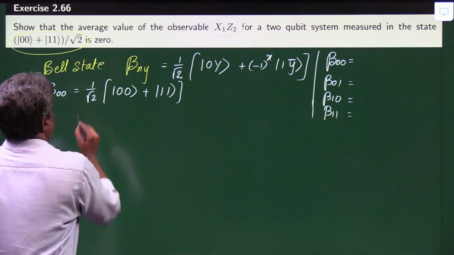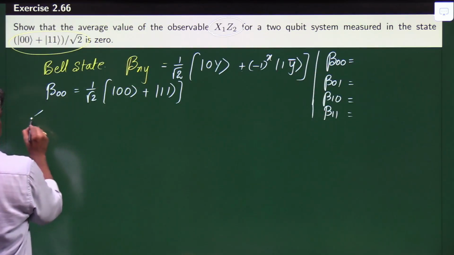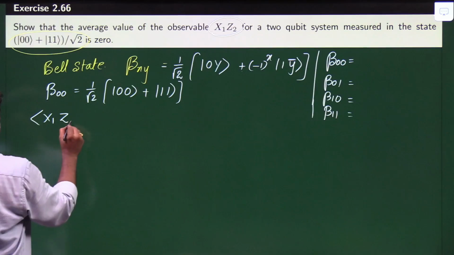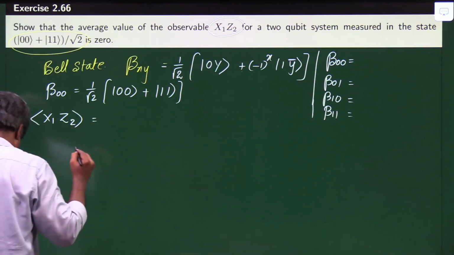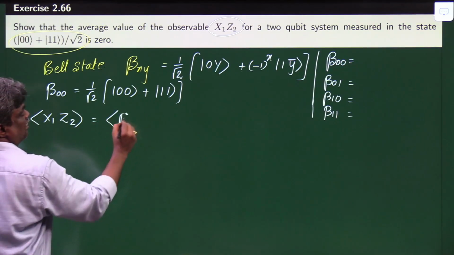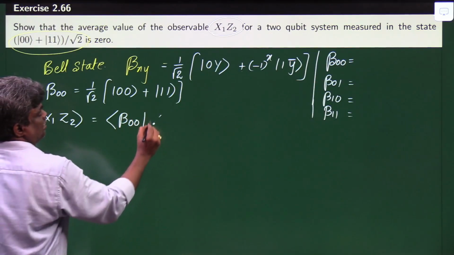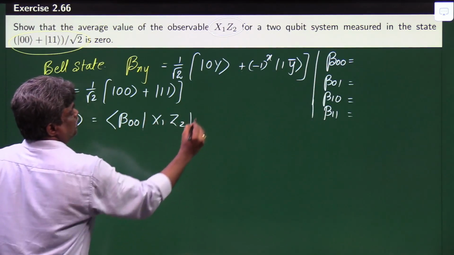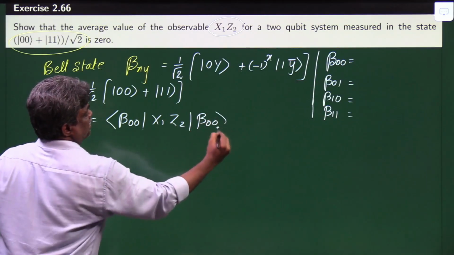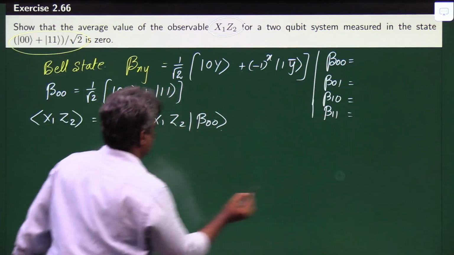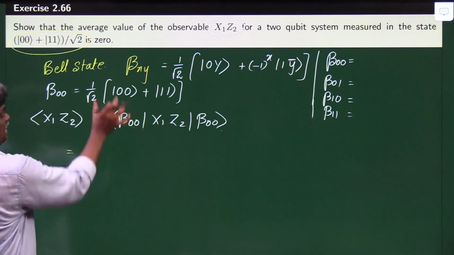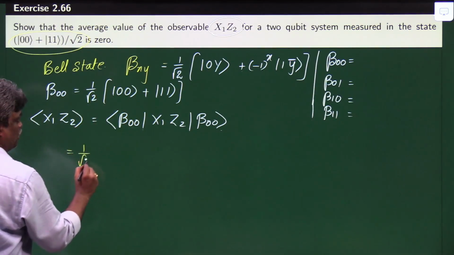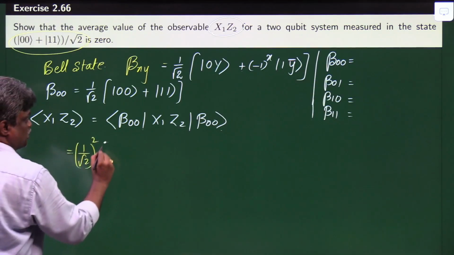Fine. So for this state, we have to find the expectation value of x1 z2. Let me write this: bra beta, x1 z2, ket beta. Here I'm writing the bra vector 1 over root 2, and the ket also 1 over root 2, so 1 over root 2 whole squared.